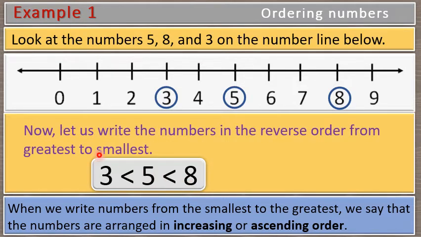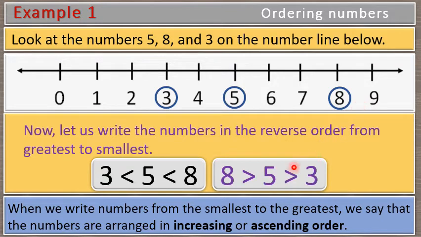Now let us write the numbers in the reverse order from greatest to smallest. So now let us write these three numbers in reverse order. That means from greatest to smallest. That is 8 will come first, and after that 5 comes, and then 3 comes. So if we write in this order, the resulting arrangement is called decreasing order or descending order.